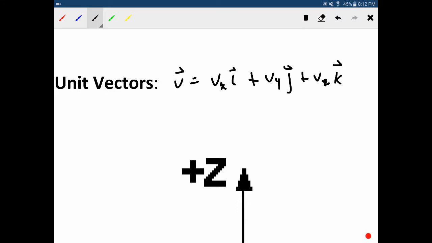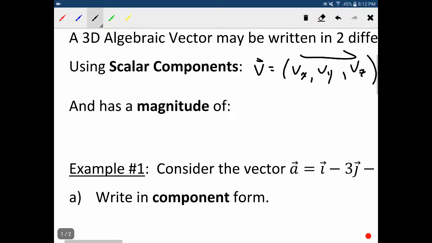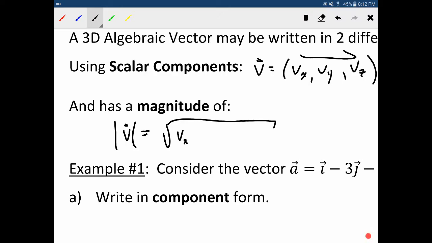So these are two ways you can denote them. The magnitude then is equal to the square root of vx squared plus vy squared plus vz squared.